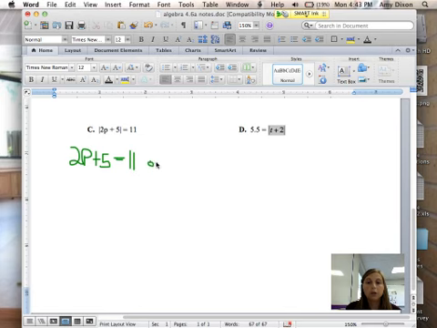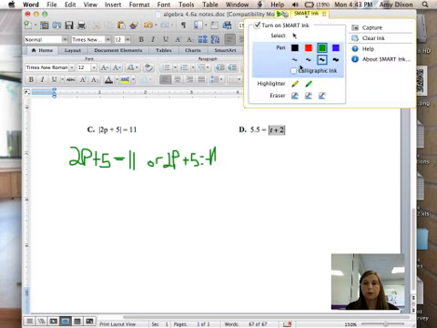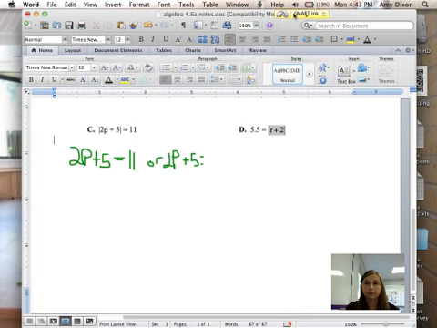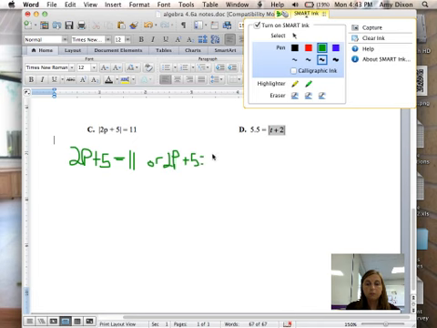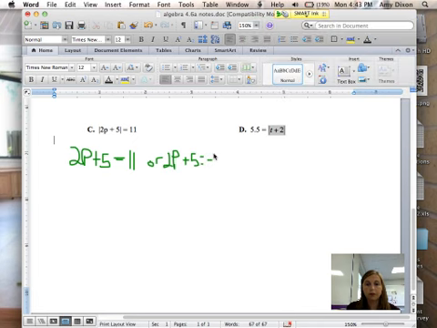Or you have another equation that says 2p plus 5 equals negative 11. Oops, sorry about that. Let me fix that real quick. Okay, so that should be negative 11. So now we have two equations to solve.